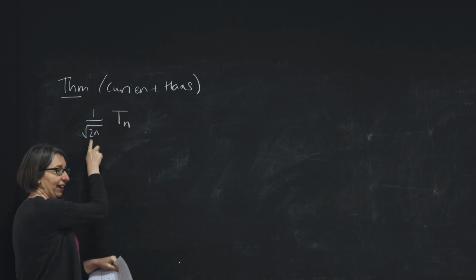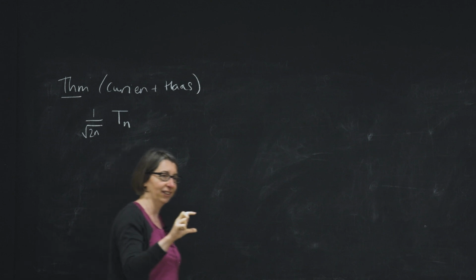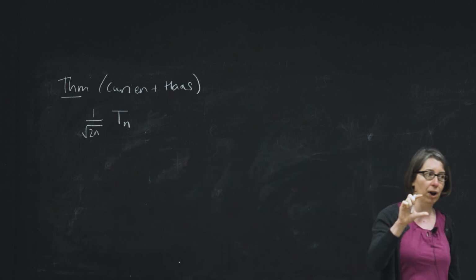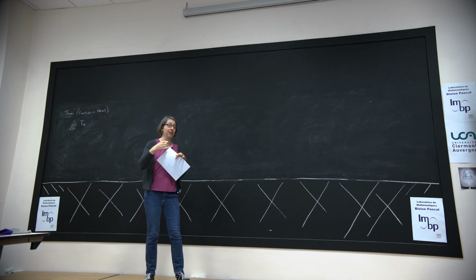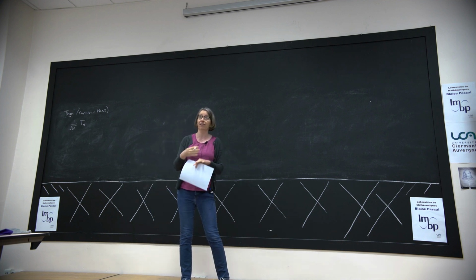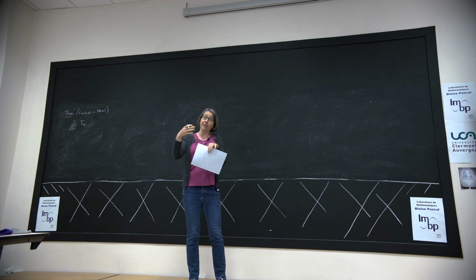So if I rescale distances in these, let me now think of a single edge in such a tree as having length 1. I'm rescaling those edge lengths by 1 on square root of 2n. And now think about it in Rémy's algorithm.